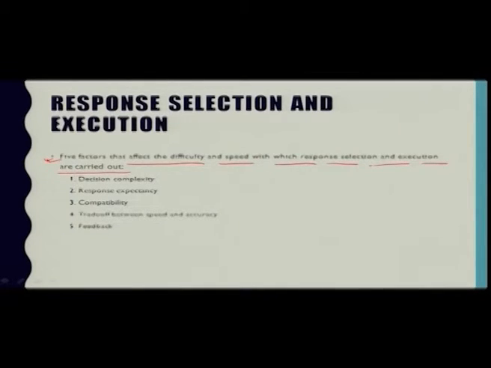These are the factors. The first factor is decision complexity. The second is response expectancy. Third is compatibility. Fourth is trade-off between speed and accuracy, and fifth is feedback. One by one we will take these factors and understand their role in response selection and execution.